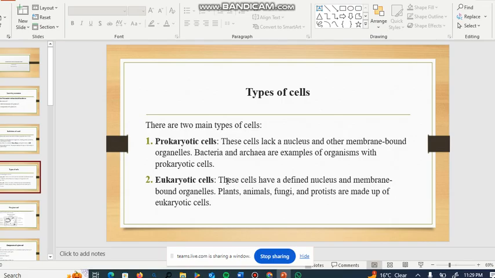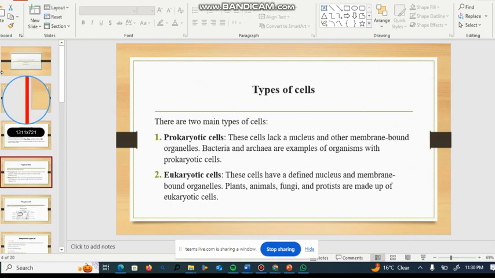Bacteria and archaea are examples of organisms with prokaryotic cells. Then number 2 is eukaryotic cells. This means these cells have a defined nucleus and membrane-bound organelles. Plants, animals, fungi, and protists are made up of eukaryotic cells.